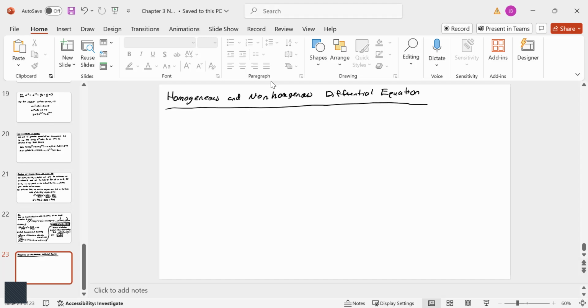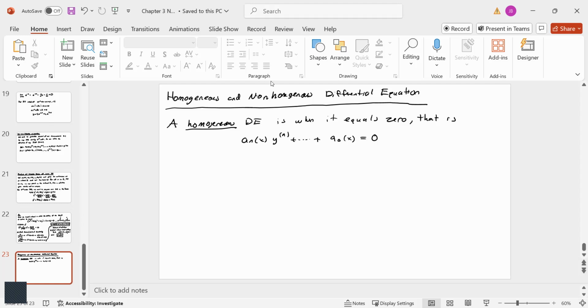That's all it is. So a homogeneous differential equation is when it equals 0. That is an of x, y to the n, plus dot dot dot, plus a 0 of x equals 0. Okay? That's all it means. Just equals 0.